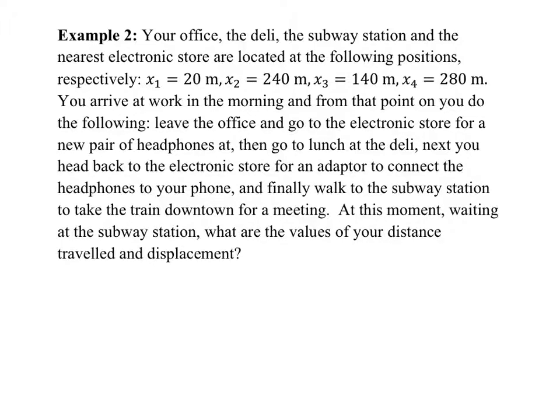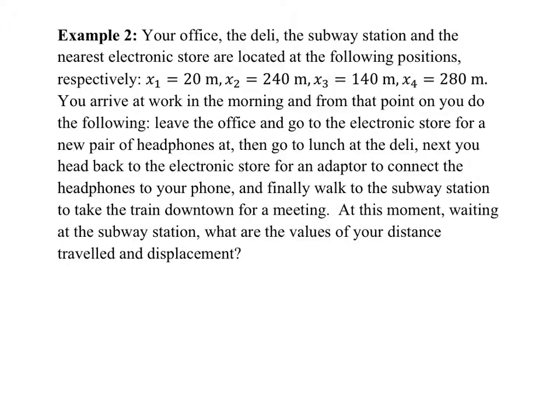Go ahead, Christina. Your office, the deli, the subway station, and the nearest electronics store are located at the following positions, respectively. X1 equals 20 meters, X2 equals 240 meters, X3 equals 140 meters, X4 equals 280 meters. You arrive at work in the morning, and from that point on, you do the following.